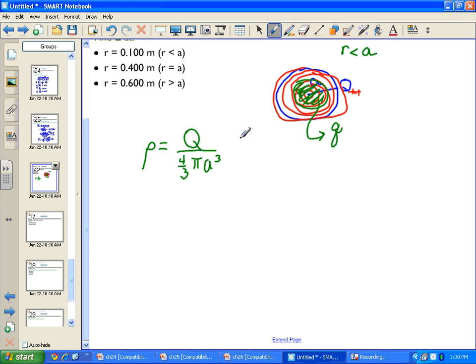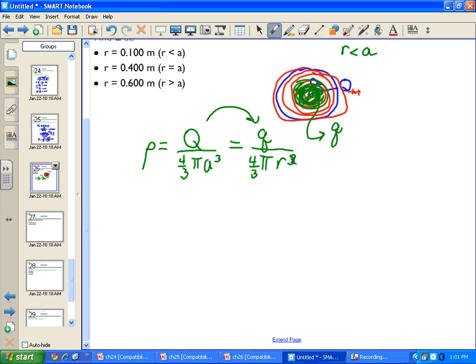If this is constant, that means that the total charge over the total volume equals a smaller quantity of charge over a smaller volume, in fact the volume of our Gaussian sphere. And so we can write little q, the q inside, over 4/3 pi r cubed, equals big Q over 4/3 pi a cubed.